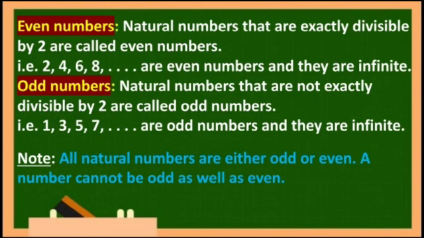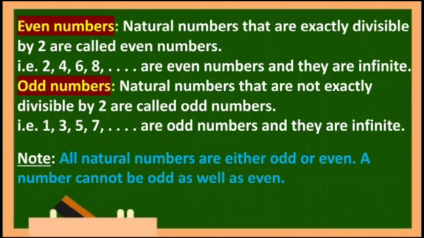So, we call them even numbers, and even numbers are infinite. So, even numbers are defined as natural numbers that are exactly divisible by 2.